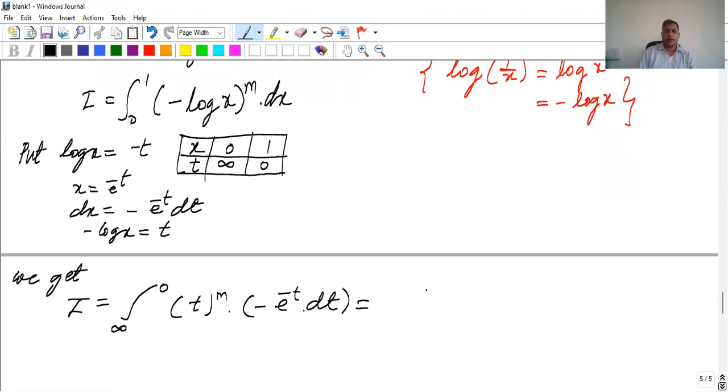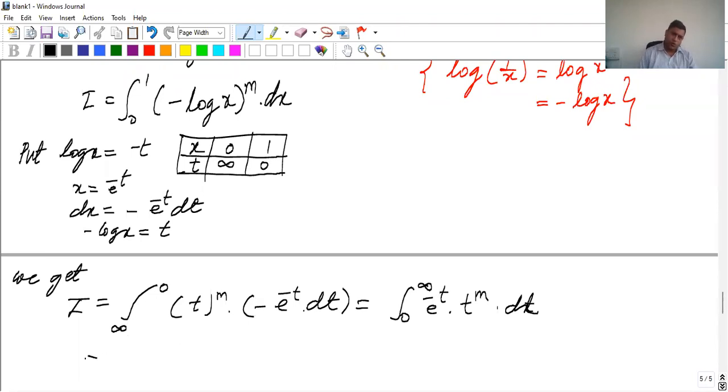So we can write this as integral 0 to infinity e raised to minus t raised to m dt. Is that okay? We're getting this because I absorbed this minus sign and changed the limits.